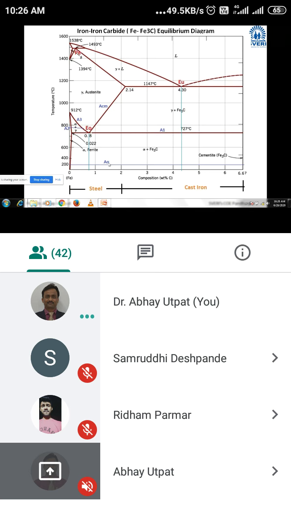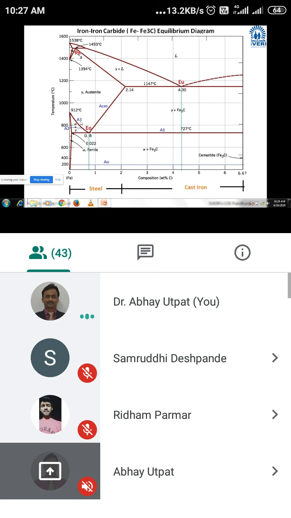A0, it is 210 degrees Celsius. A1, it is written. A1 is 727. A2, here A2 is written below 800. It is 768 degrees Celsius. It is not written there. You write A2 equal to 768 degrees Celsius.